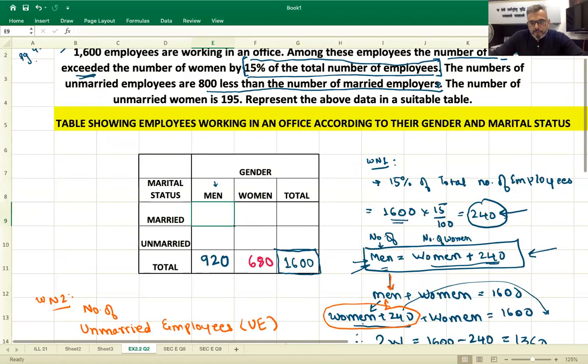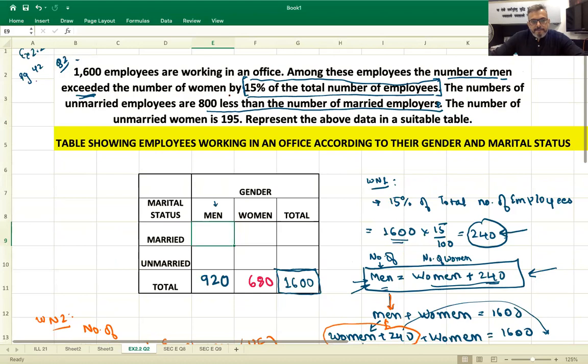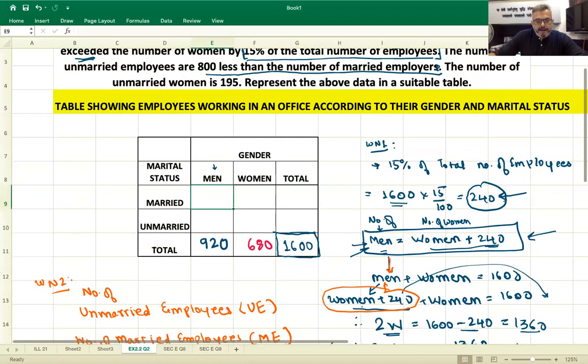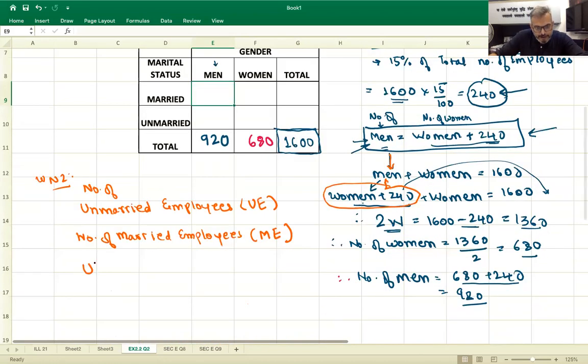Okay, now number of unmarried employees are 800 less than. So unmarried employees are 800 less. So minus married employees. So now we have this formula. Unmarried employees is equal to married employee minus 800.